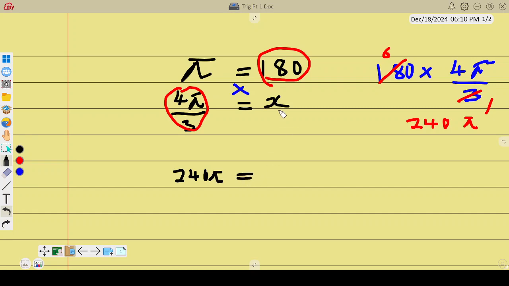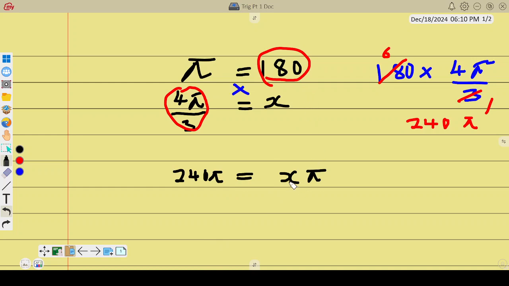So this would be equal to x pi. You can also write it as pi x. Our aim here is to find the measurement in degrees.